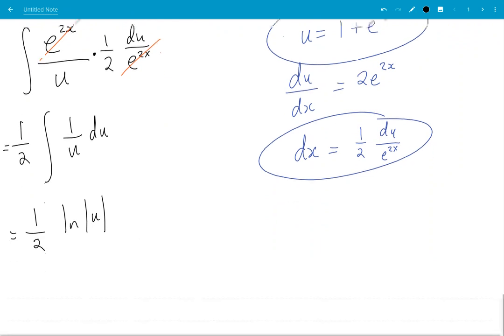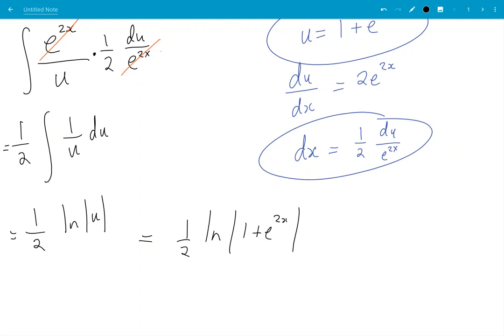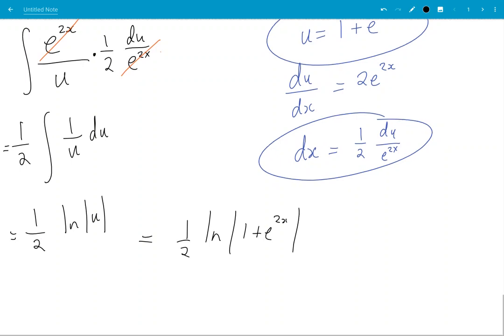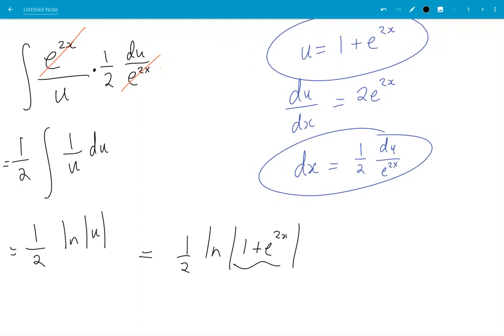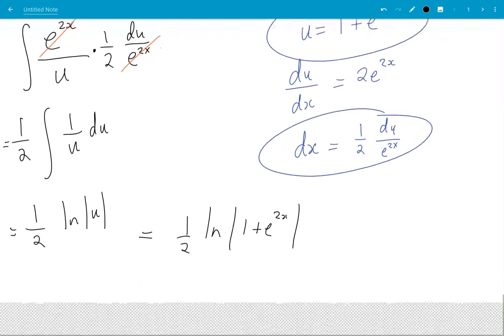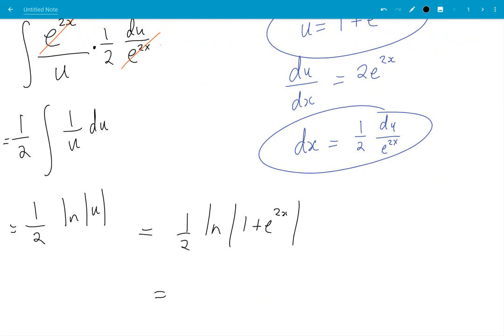So half ln of 1 plus e to the 2x. That was my u there. And further simplification is to just say that my u here is never negative. Never, never, never. So I don't need the absolute values.